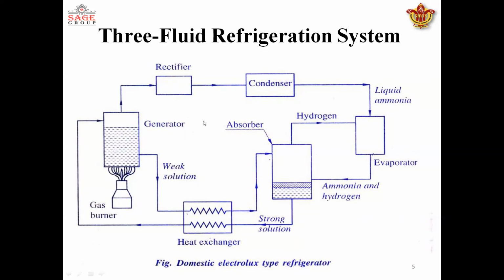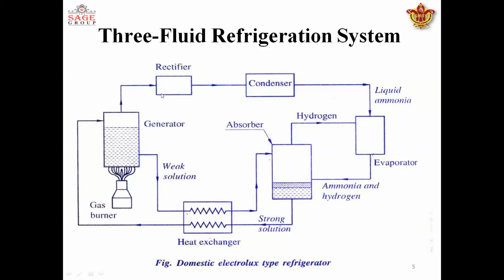Therefore we have the rectifier that can trap the moisture, the sort of subcondenser. A rectifier acts like a subcondenser, which condenses the water vapor, and that condensation can be dripped out into the generator.